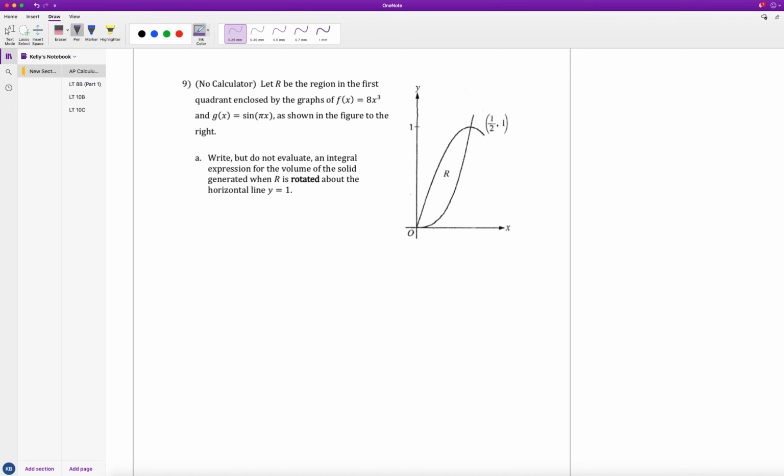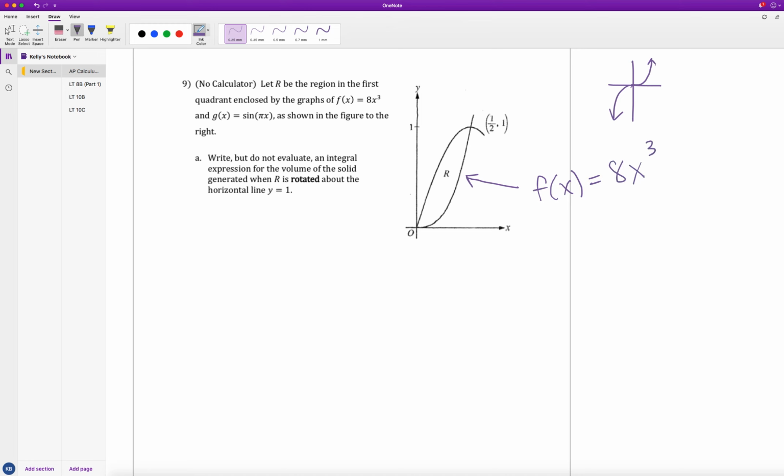They say let R be the region in the first quadrant enclosed by the graphs of f of x, which is 8x cubed, and g of x, which is sine of pi x, as shown in the figure to the right. Well, 8x cubed is a cubic graph, so that's actually the bottom, since our cubic graph curves down and up and over, so I'm concave up in the first quadrant, so that graph down there is going to be f of x, which is the 8x cubed.